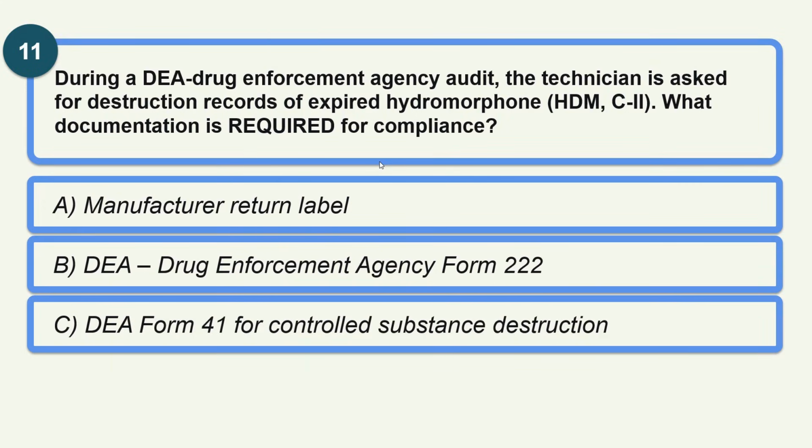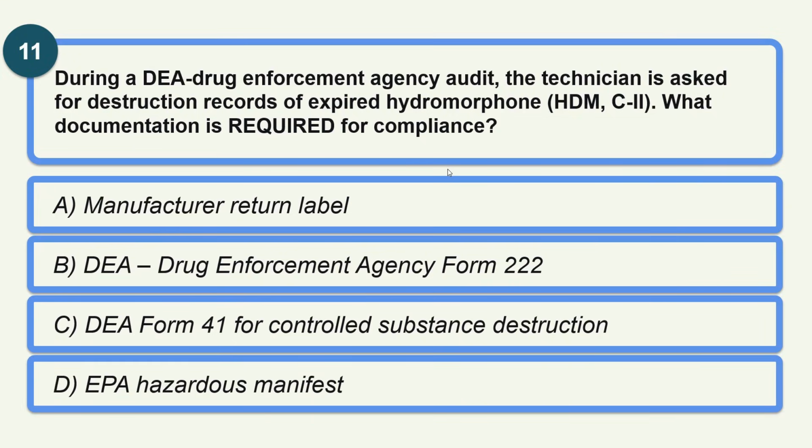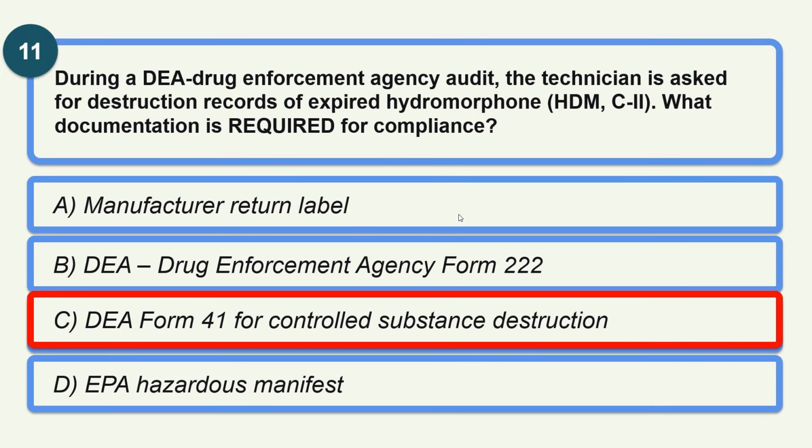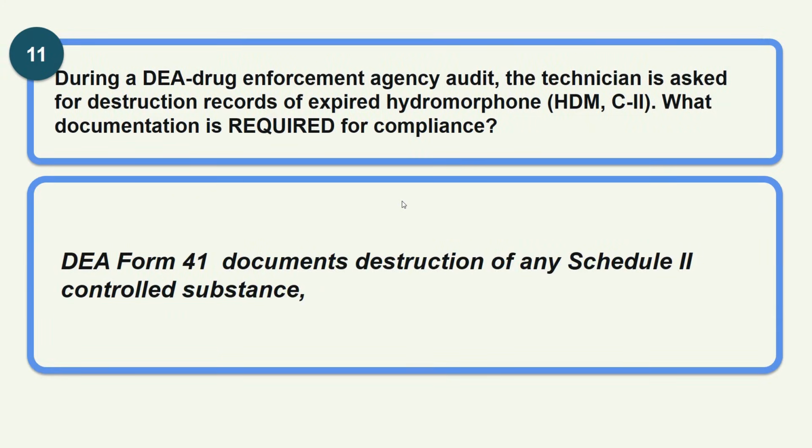C. DEA Form 41 for controlled substance destruction. D. EPA hazardous manifest. The correct answer is DEA Form 41, controlled substances destruction, which contains the information for compliance. It also includes a witness for the destruction, on DEA Form 41 for controlled substances, Schedule 2 drugs.